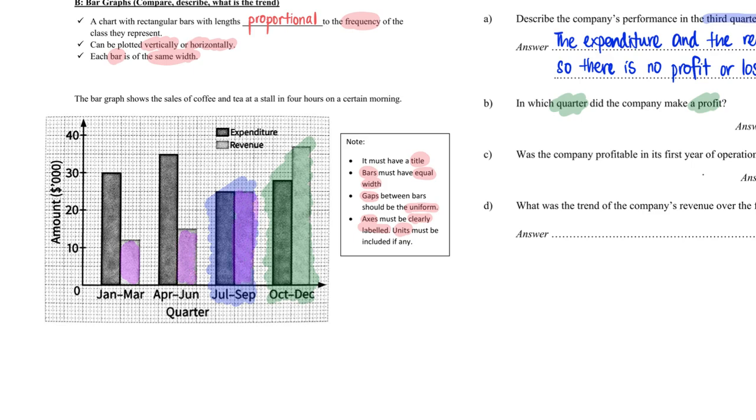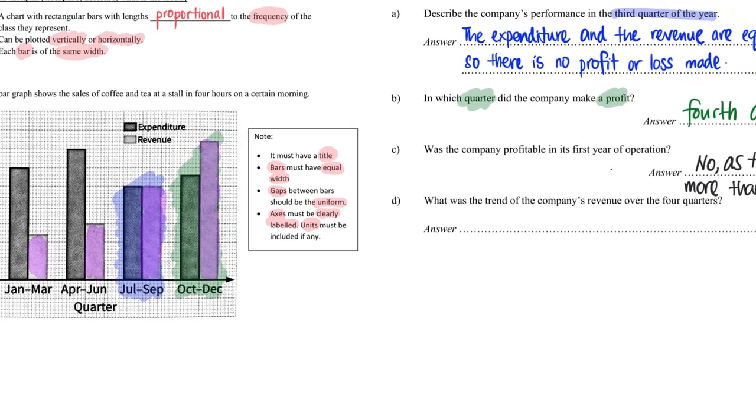What is happening to the revenue? So what do we see? We see that at the start, the revenue is lower than the expenditure. But towards the end, at the last quarter, the revenue is higher than the expenditure, right?